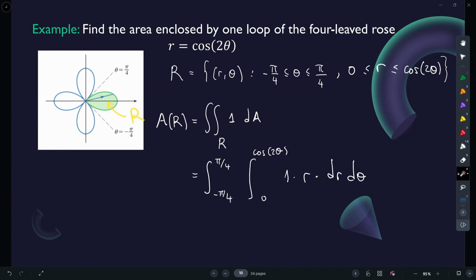Okay? Any questions on how I got that integral? That's a good question. So here's how I figure out the bound on the radius.